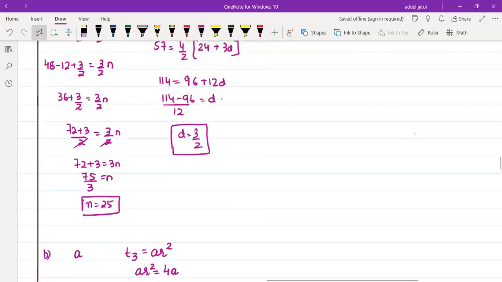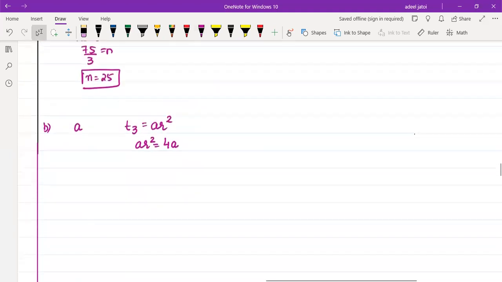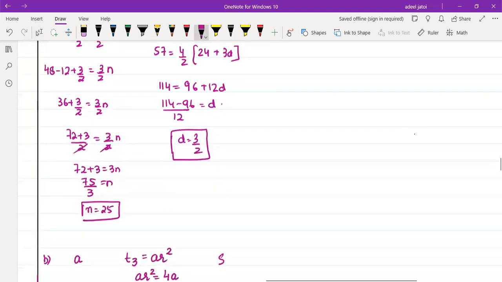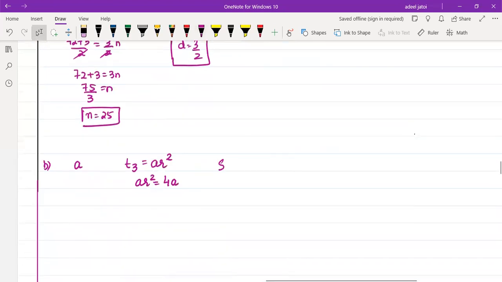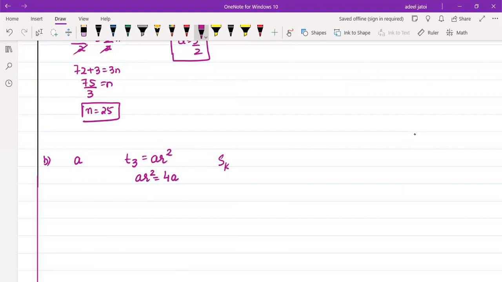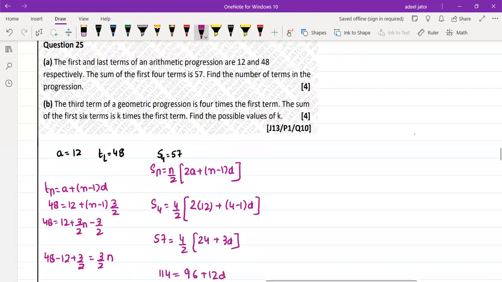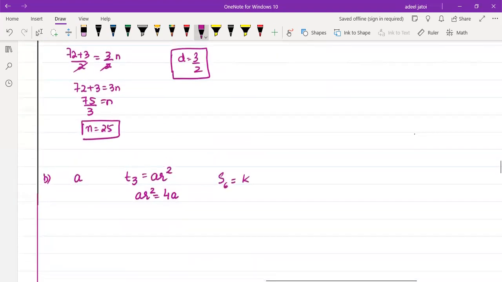So the sum of the first 6 terms, S6, is equal to k times the first term. K times the first term, so this should be ka.